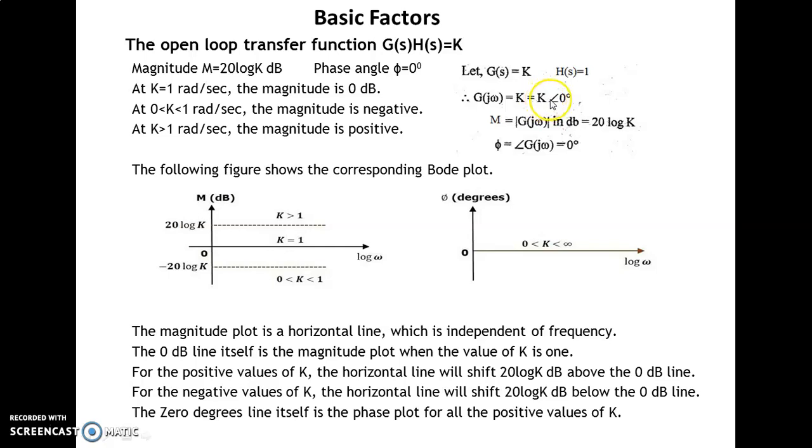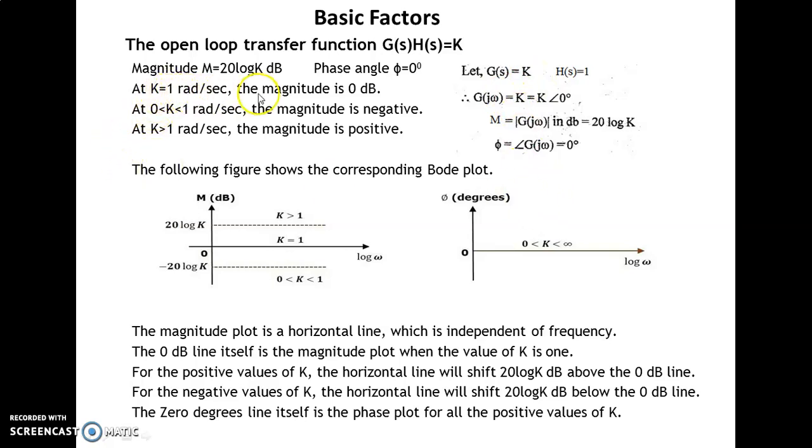The magnitude is K at an angle of 0 because it is a constant term. It is denoted by M, mod G(j omega), in decibels: 20 log K is the magnitude, and the phase, the angle of G(j omega), is 0 degrees. For different values of K, you can find the magnitude and phase.